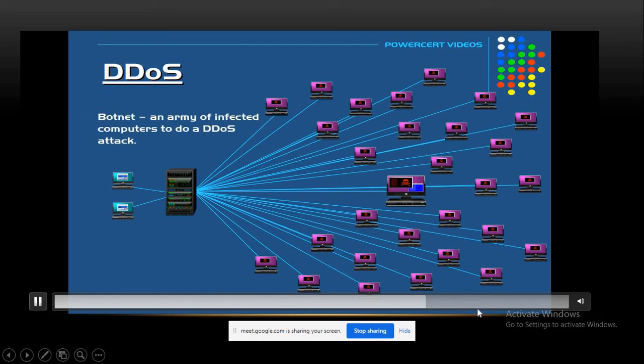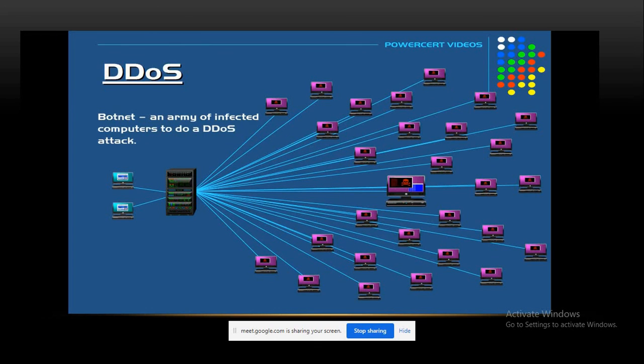This botnet is not just limited to a few computers. It could be hundreds or even thousands of computers scattered all over the world. So this botnet can be controlled like an army, waiting to receive instructions from the attacker, who is like a centralized command and control center for the botnet.